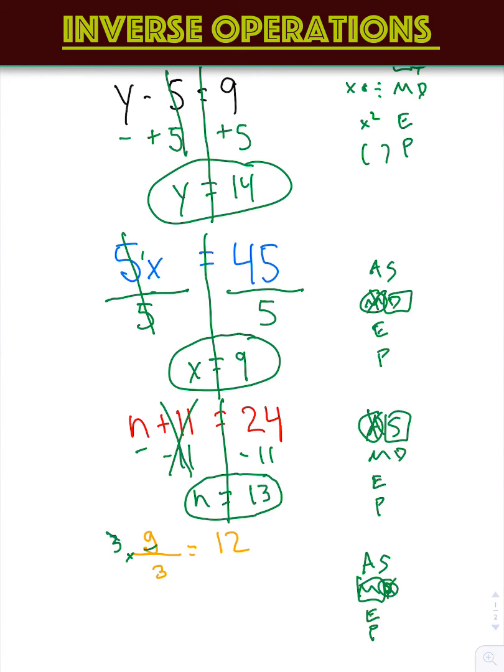So 3 divided by 3 here is going to cancel. I'm just left with 1g. On the right side, since I multiply to the left side, I got to multiply to the right. 12 times 3 is 36. G is 36.